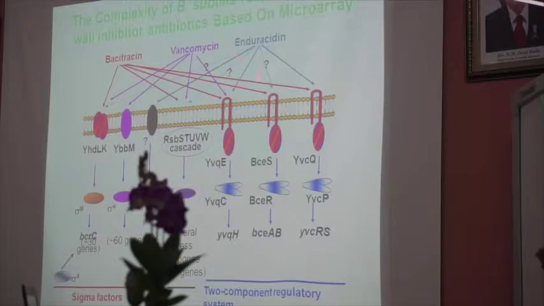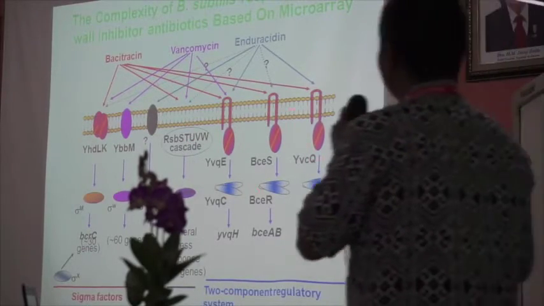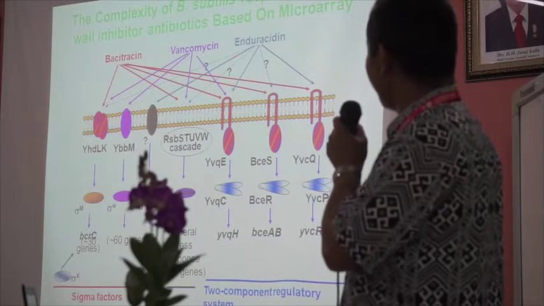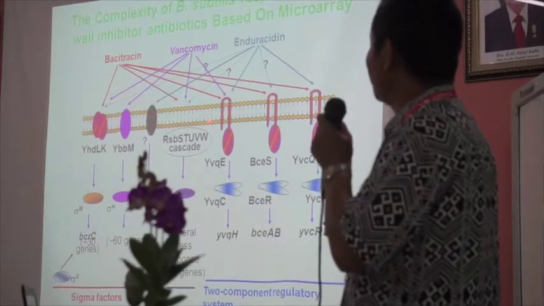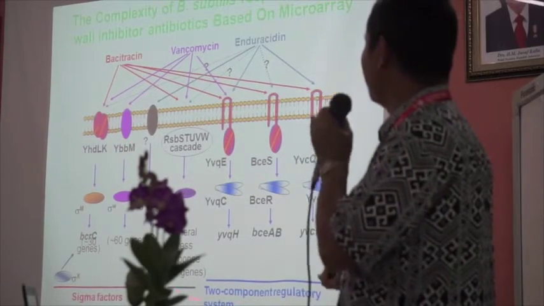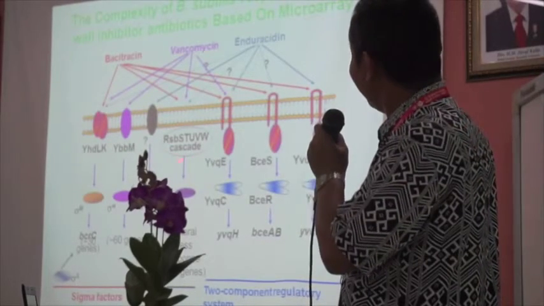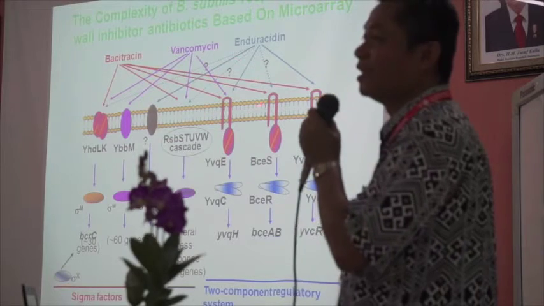Okay, I think there is complexity in gene expression. This is one part of my doctoral work in Spain. When we challenged Bacillus subtilis with an antibiotic, it actually involved hundreds of genes to overcome the antibiotic challenge.